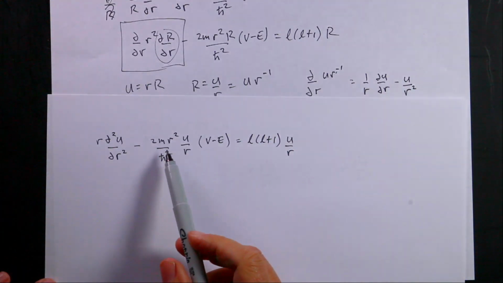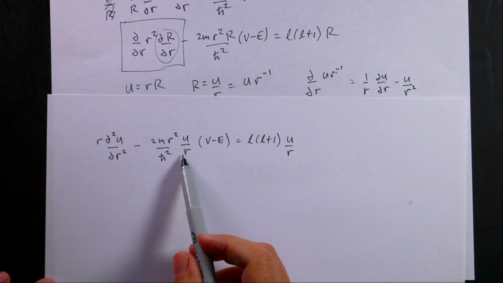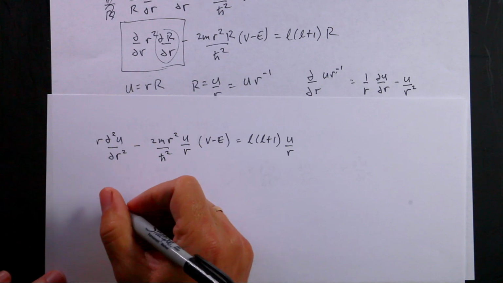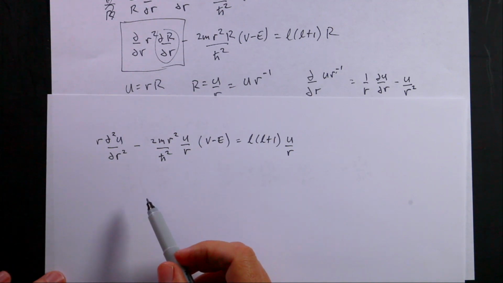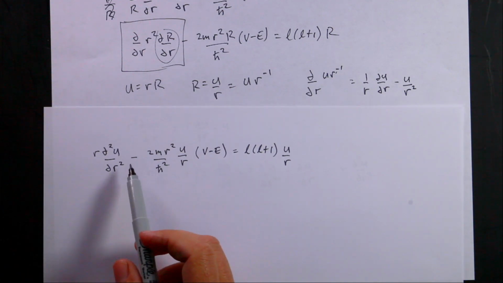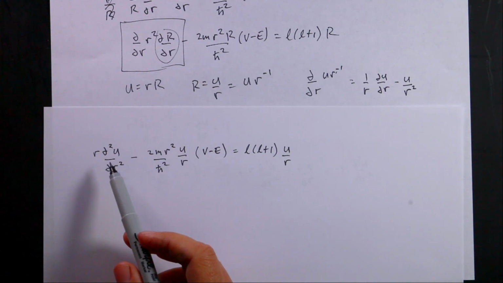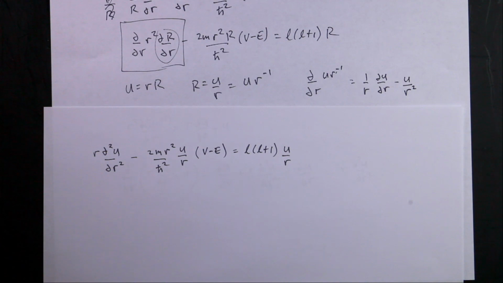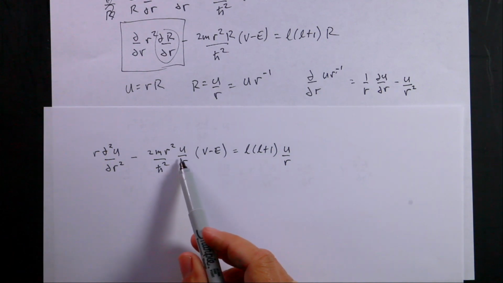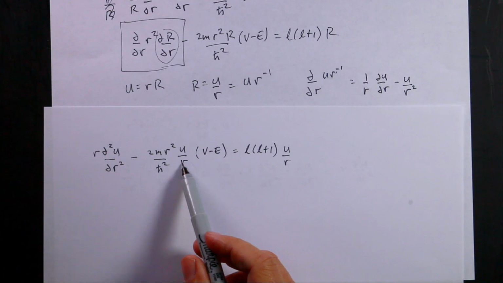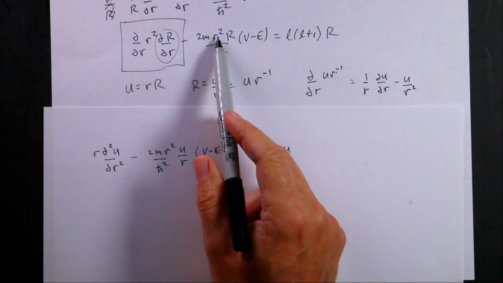Okay, so let's go ahead and multiply through by R. Actually, let's divide through by R. I think I made a mistake because I have R. This is u over R. Oh, there's an R squared term right there.